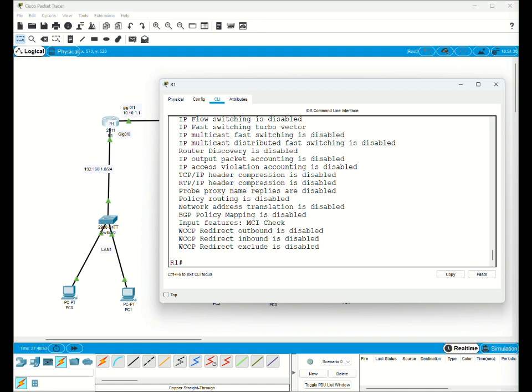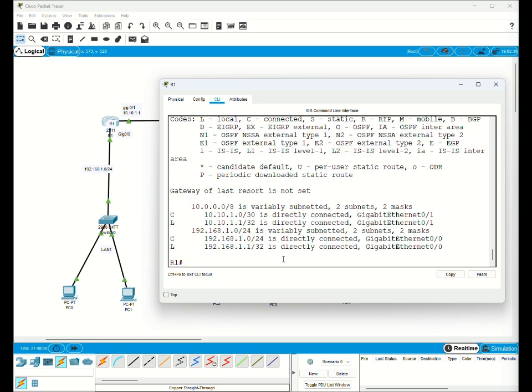Okay, show ip route will help you to know how packets travel within the network. So these are the routes.